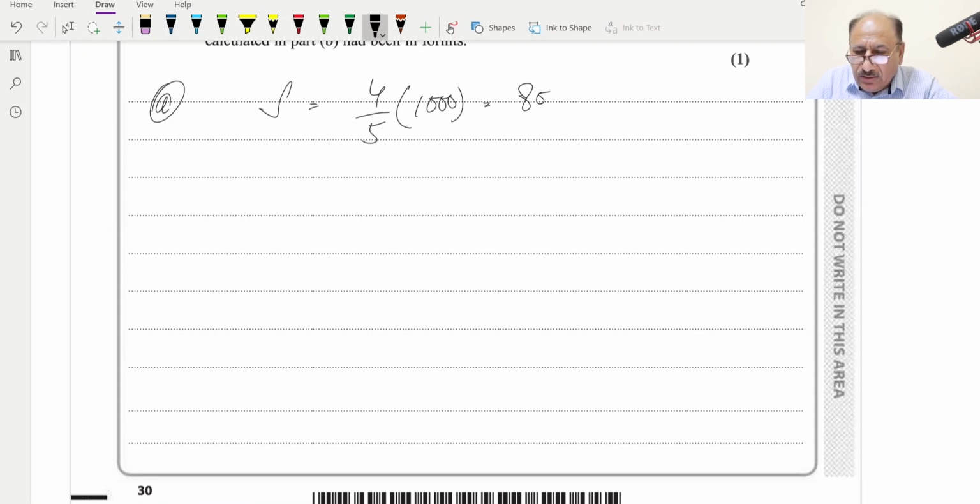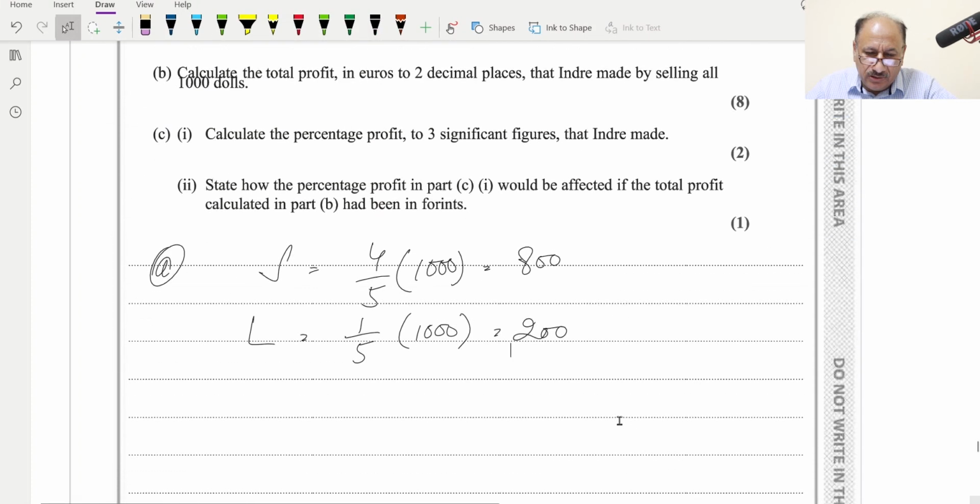So 800 dolls are small, and large dolls are 1 over 5 of 1000, and this will be 200. So 200 are large dolls.